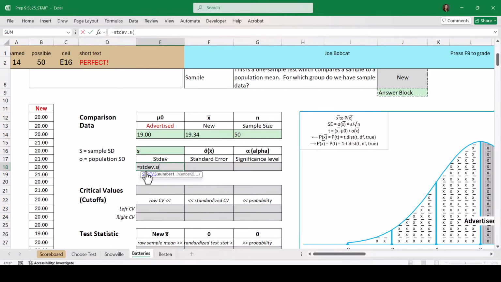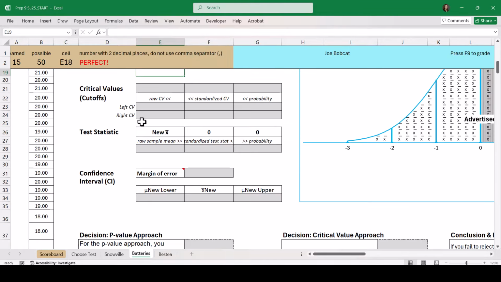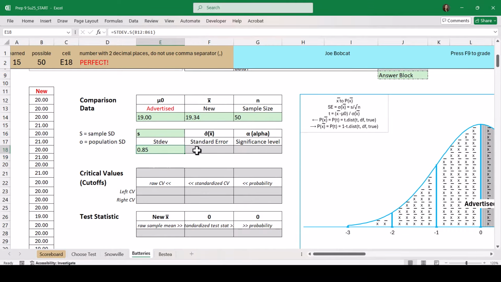That's with the standard deviation function for the sample in Excel. And then we'll just select our data. I got a sample standard deviation of 0.85. Now our standard error. The formula for the standard error, you can see it right here. It's the sample standard deviation divided by the square root of the sample size.